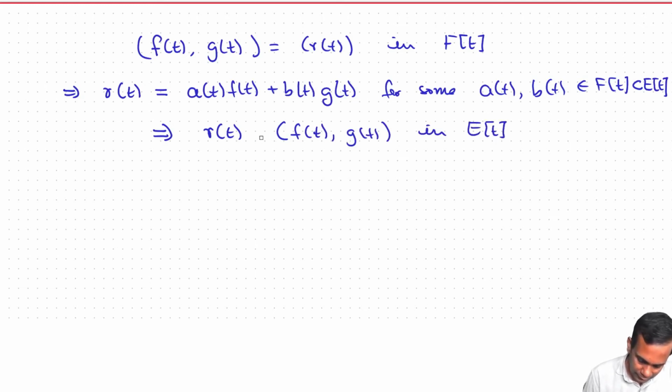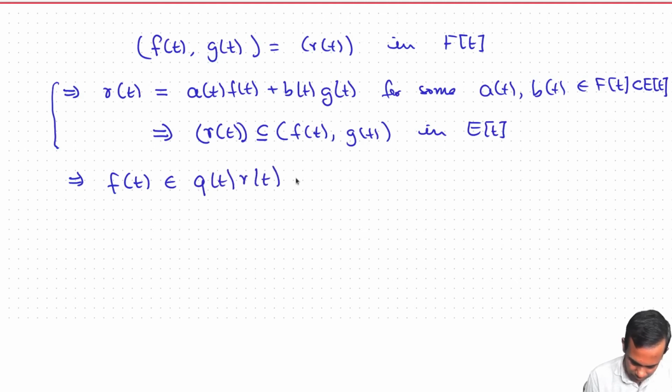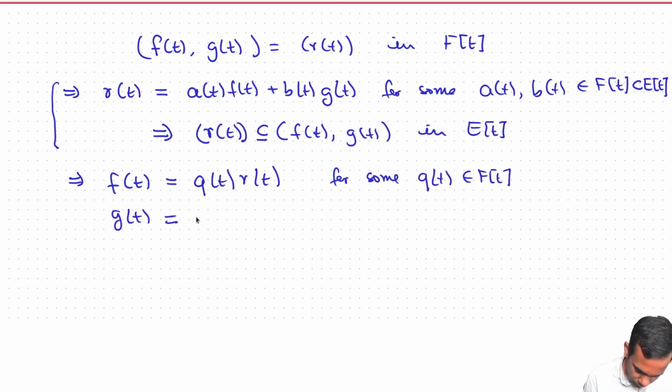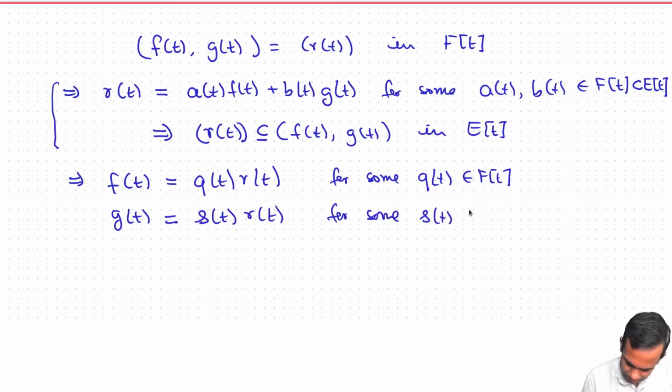So this implies that r(t) lies in the ideal generated by f(t) and g(t) in E[t], which can be restated as saying that the ideal generated by r(t) is contained in the ideal generated by f(t) and g(t) in E[t]. On the other hand, f(t) and g(t) belong to the ideal generated by r(t). So f(t) is some q(t) times r(t) for some q(t) in F[t], and g(t) is equal to s(t) times r(t) for some s(t) in F[t].